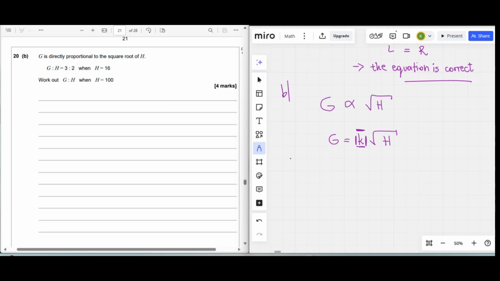So the ratio G to H is 3 to 2 when H is 16.